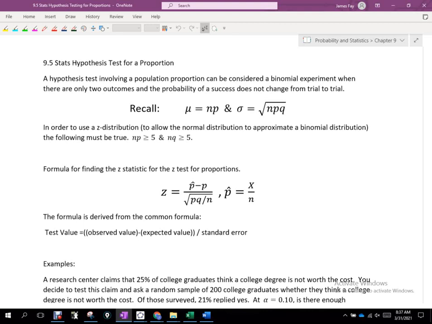That's the formula you see at the bottom, where it says z equals p hat minus p, divided by the square root of p times q divided by n. So p hat is the sample proportion, and you see to the right how we find p hat: it's x divided by n, where x is the number of successes and n is the total number of objects in your sample.